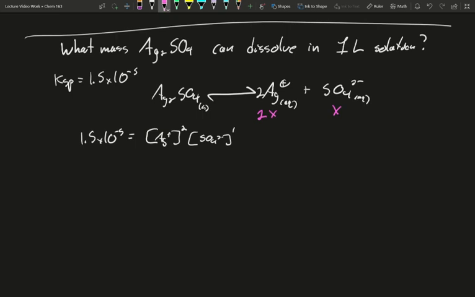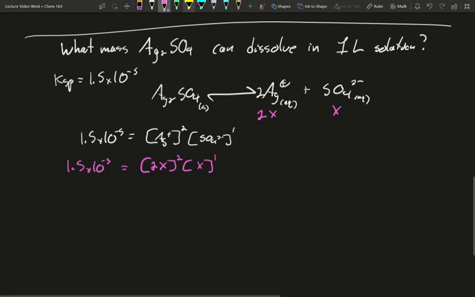So when we finally reach equilibrium, I'll have X amount of sulfate and 2X amount of the silver ions, which I can plug in as our unknowns. I'll have 2X of my silver, but I'll only have just X amount of my sulfate. All that will have to equal 1.5 times 10 to the minus 5. So what value of X would do that for us?